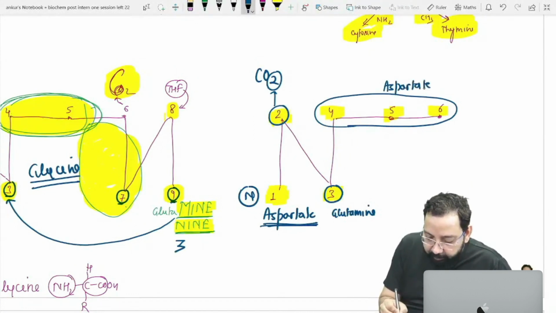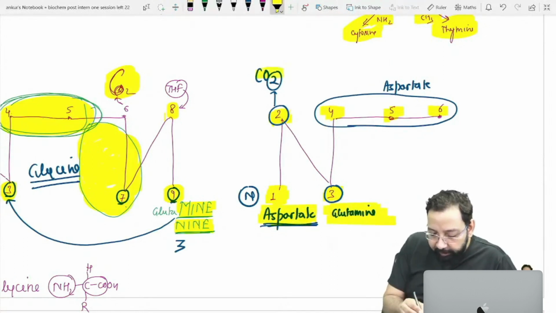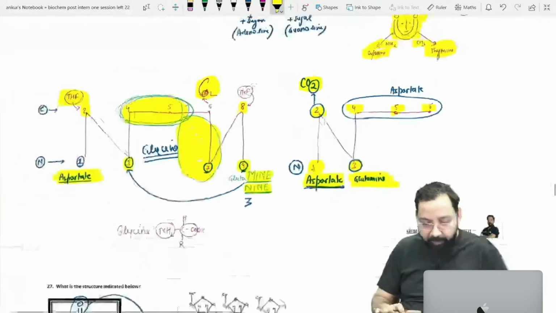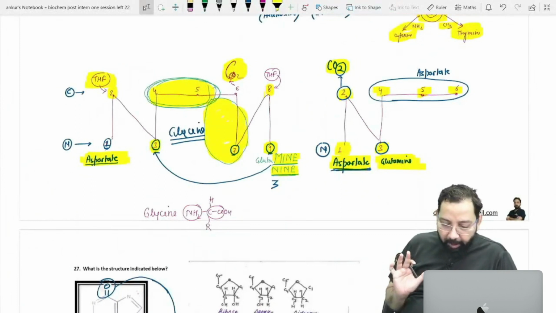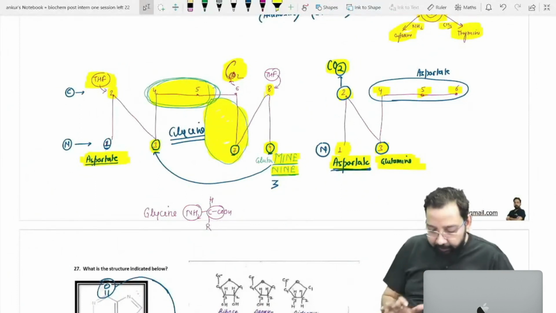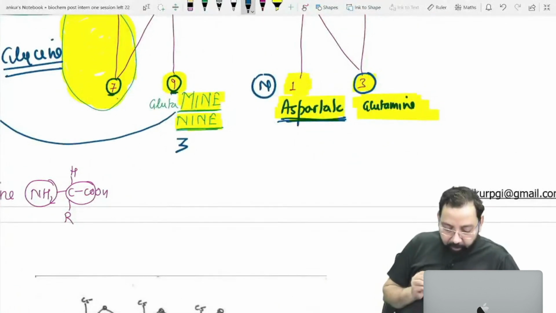You can easily remember that the pyrimidine ring is contributed by one amino acid, aspartate, a second amino acid, glutamine, and CO2. Clear? Now why have I written like this? Because I will make a ring structure.